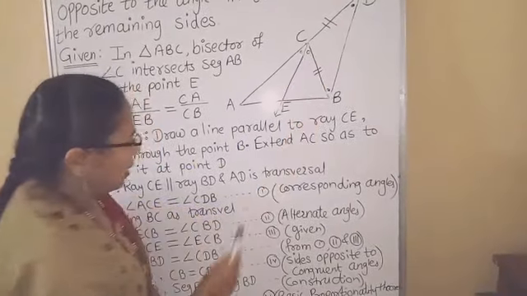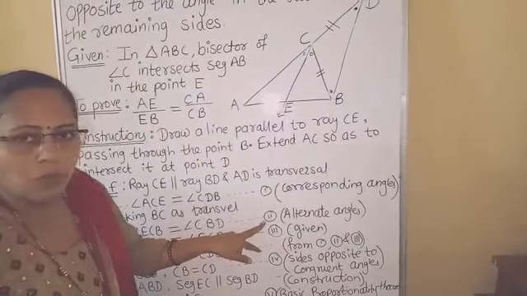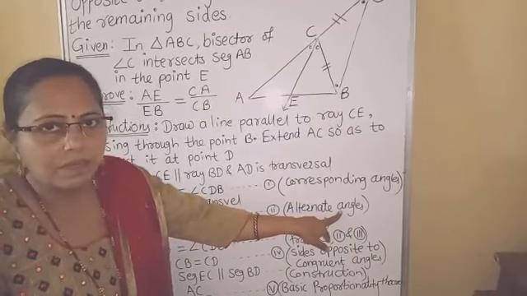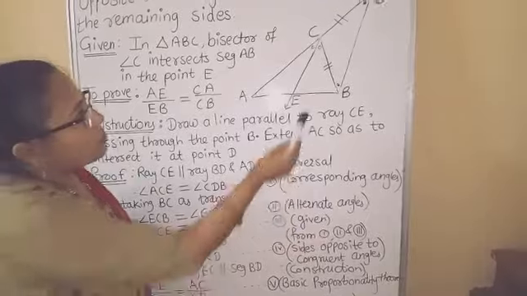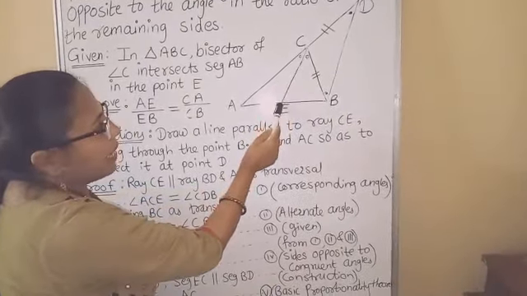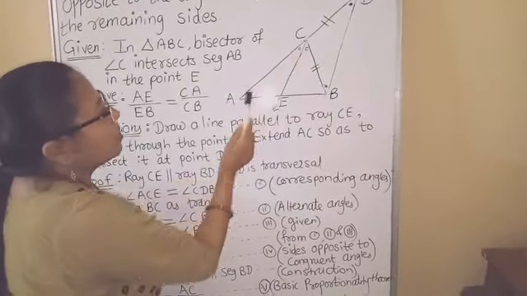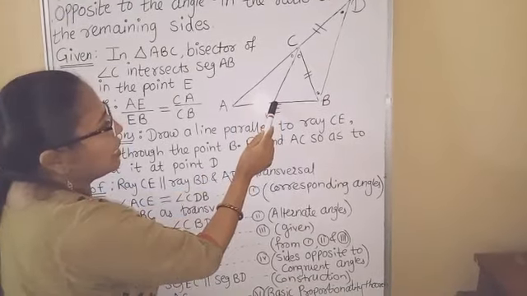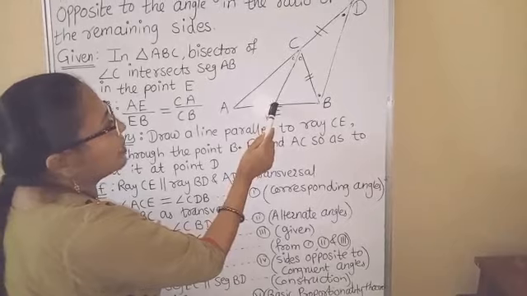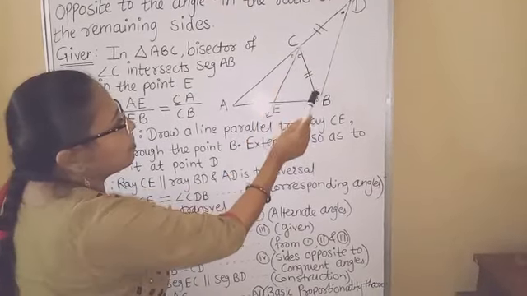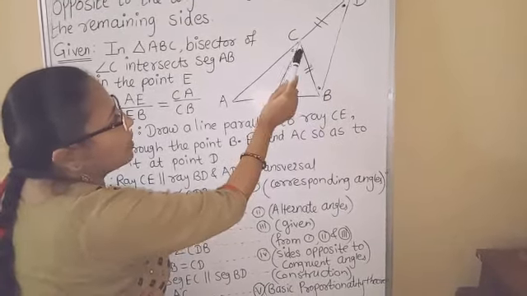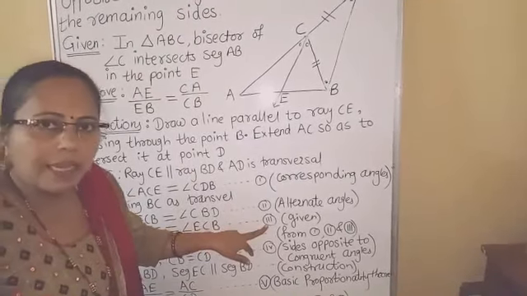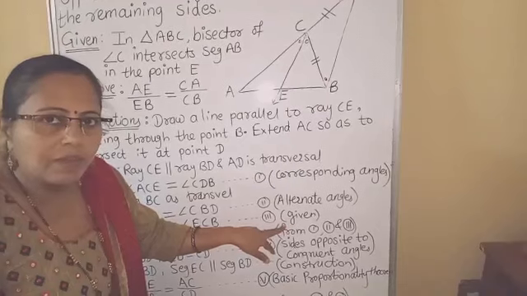So this is our statement number 2 and the reason is alternate angles. But as we know that CE is the bisector of angle C, so we will get angle ACE equal to angle ECB. These two angles we will get equal. This is our statement number 3 and the reason is given.